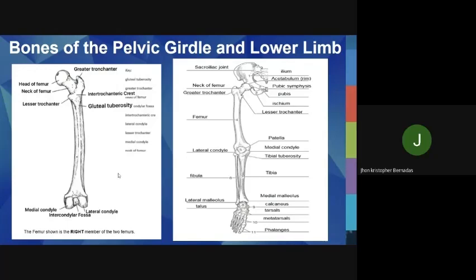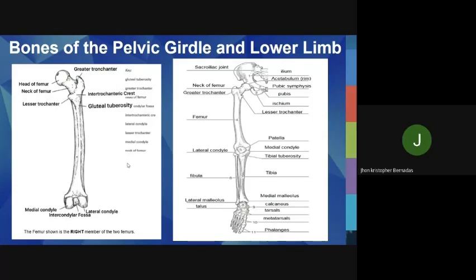For the left side below, we have the medial condyle, for the middle part, the intercondylar fossa, and for the last part, the lateral condyle. The femur shown above is the right member of the two femurs.